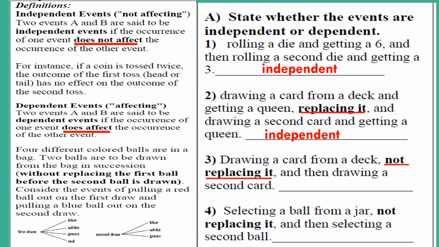So this is now an example of a dependent event. Number 4, selecting a ball from a jar, not replacing it, and then selecting a second ball. So it's just similar to example number 3. Therefore, this is an example of a dependent event.